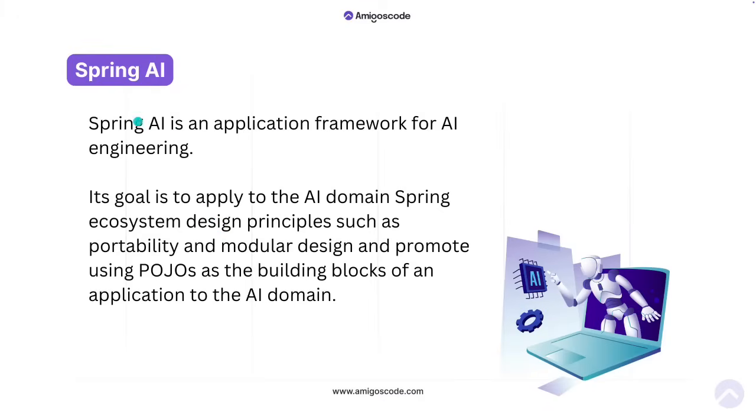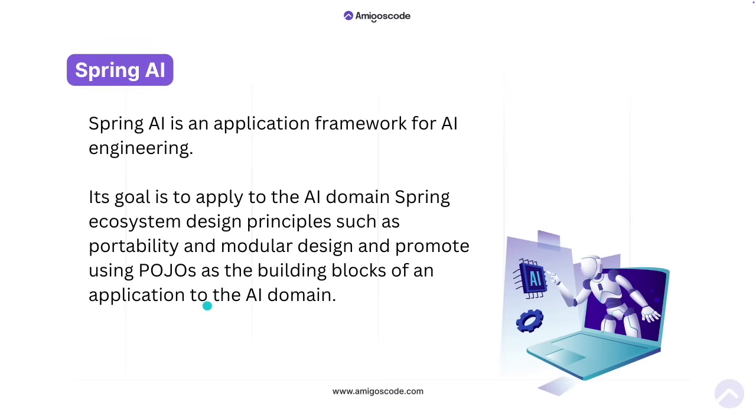In this section, let's learn how to get up and running with artificial intelligence using Spring AI, which is an application framework for AI engineering. And the goal is to apply to the AI domain Spring ecosystem design principles such as portability, a modular design, and to promote using modules as building blocks of applications.